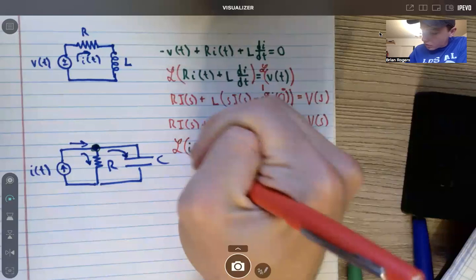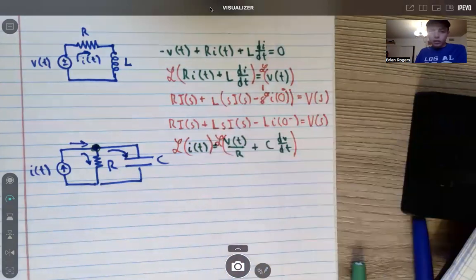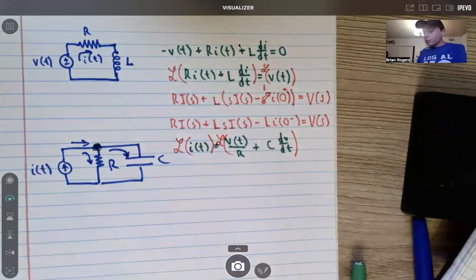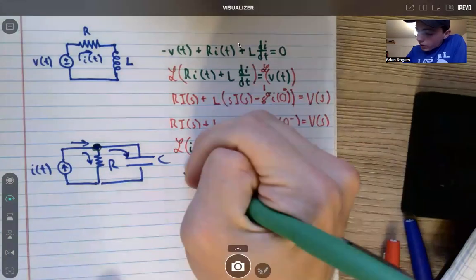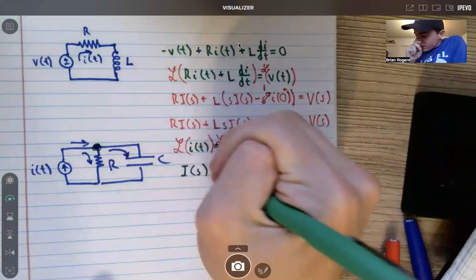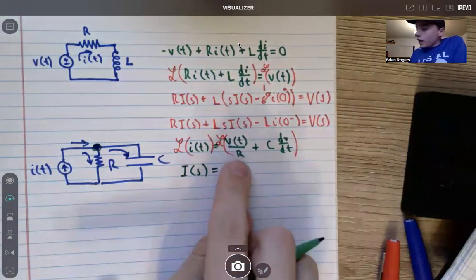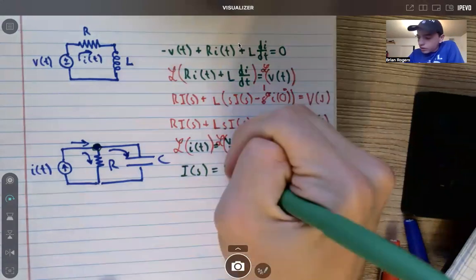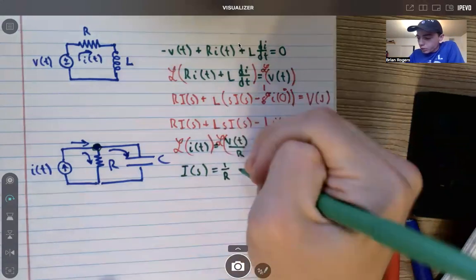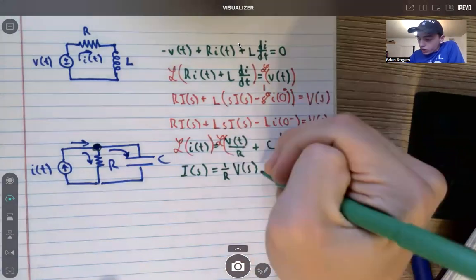So we take the Laplace of both sides, and what you're going to notice is you get capital I of s is equal to, and here this is a constant, 1 over R. So it's going to be just 1 over R. And then when you take the Laplace of v of t, it just becomes capital V of s, plus C, which is just a constant here.